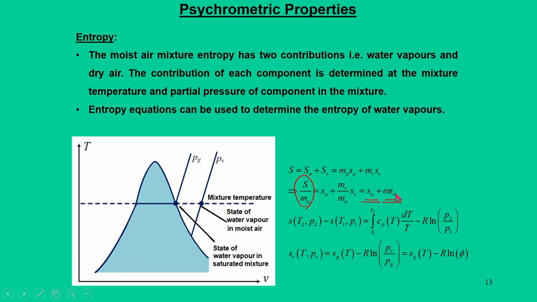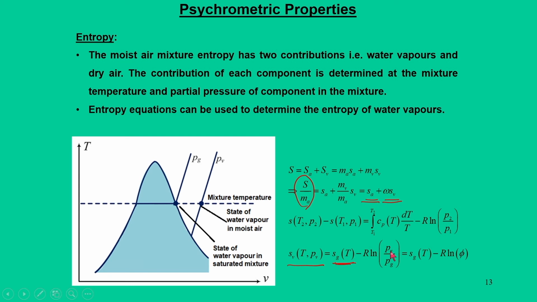Now, when you talk about water vapors, you have to recall our entropy equation, which evaluates entropy between two states. Here the two states are the actual state, and the saturated vapor at mixture temperature T and partial pressure PV. That is your actual state, but the reference point for taking this difference is the one where, if the air is saturated, it would have entropy Sg at temperature T, minus R times ln PV by Pg.